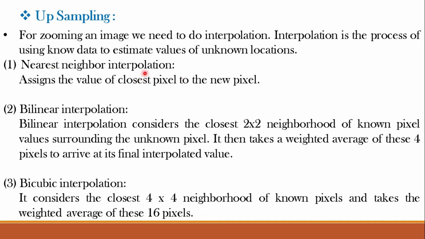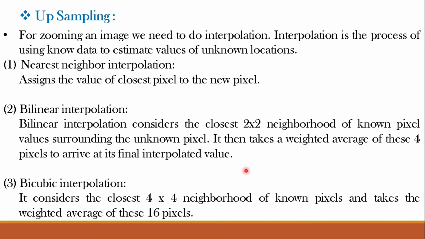That is nearest neighbor interpolation, that assigns the value of the closest pixel to the new pixel. Of course, it will not be giving very high quality results. The next one is bilinear interpolation. This bilinear interpolation considers the closest 2 cross 2 neighborhood of known pixel values surrounding the unknown pixel, and it then takes the weighted average of these 4 pixels to arrive at its final interpolated value, right?